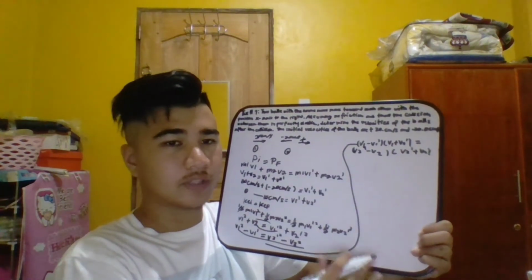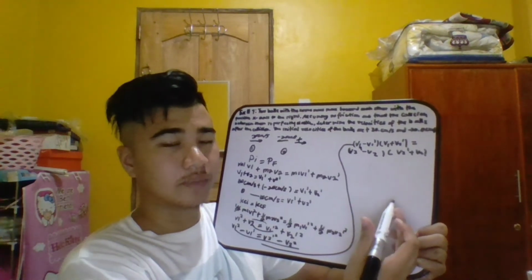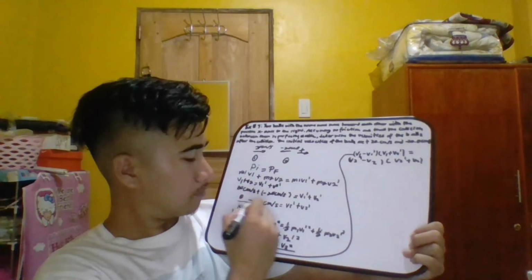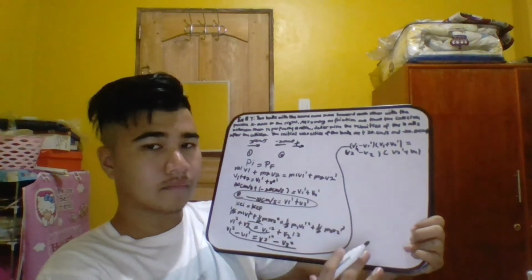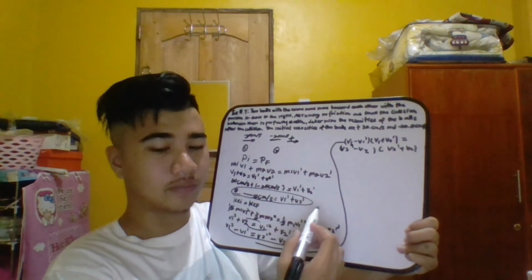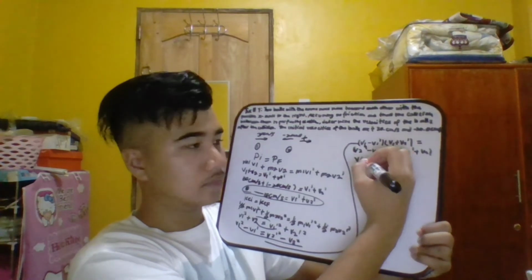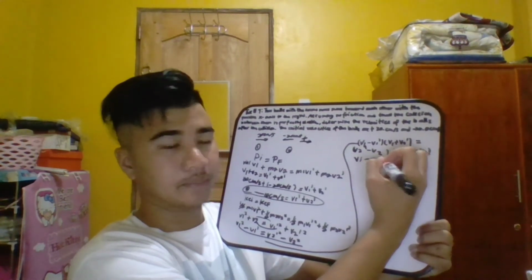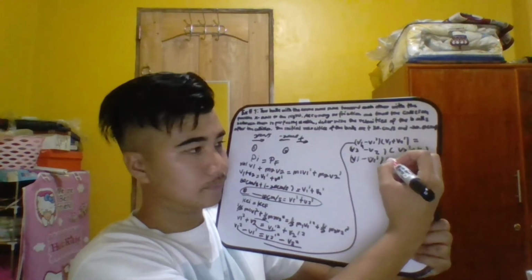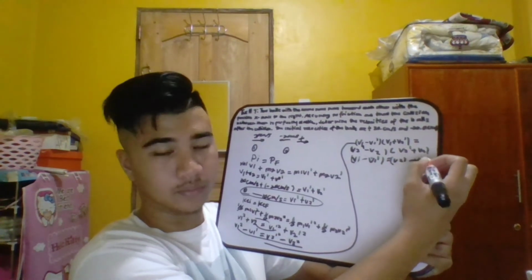Now, we separate the terms in the equation for the conservation of momentum. After we factor out, we divide this equation by this equation. But first, let's arrange: from this equation it becomes v1 minus v1 prime equals v2 prime minus v2.